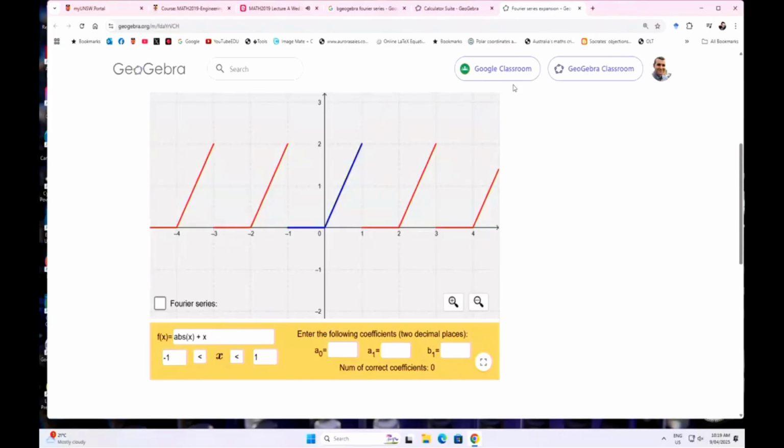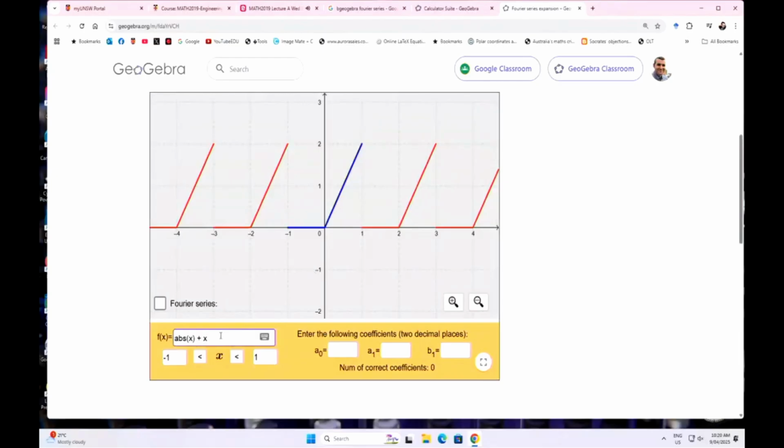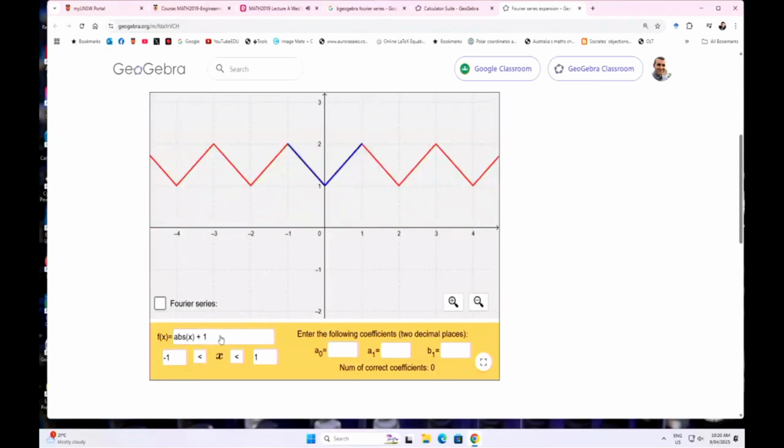So if you have, let's say, a function like this.